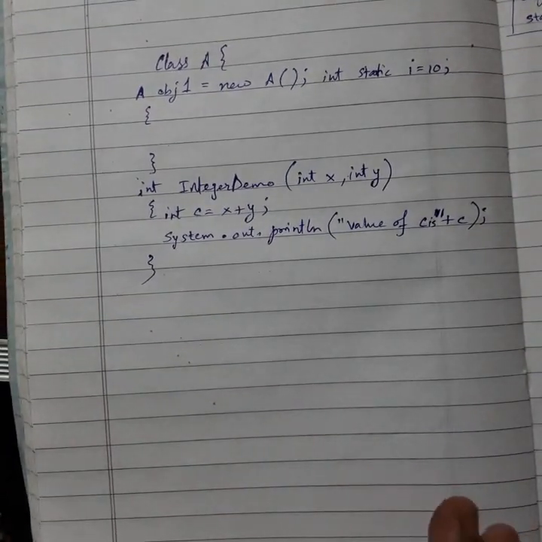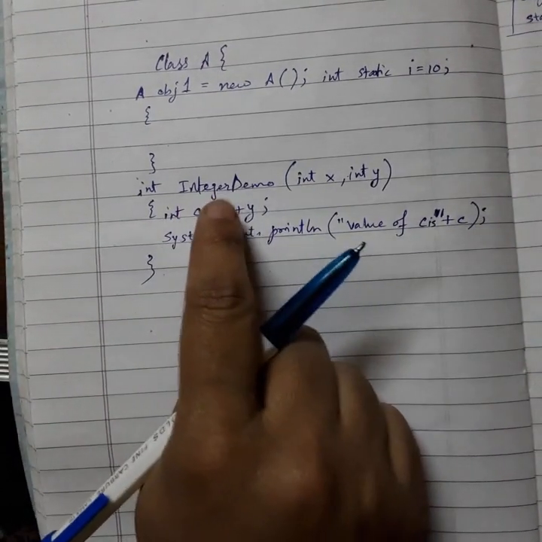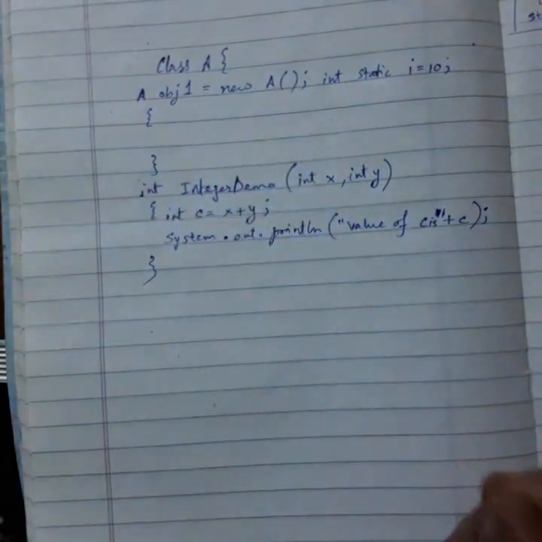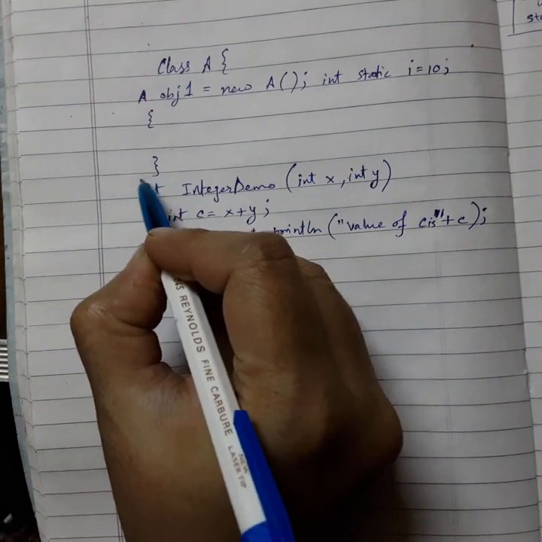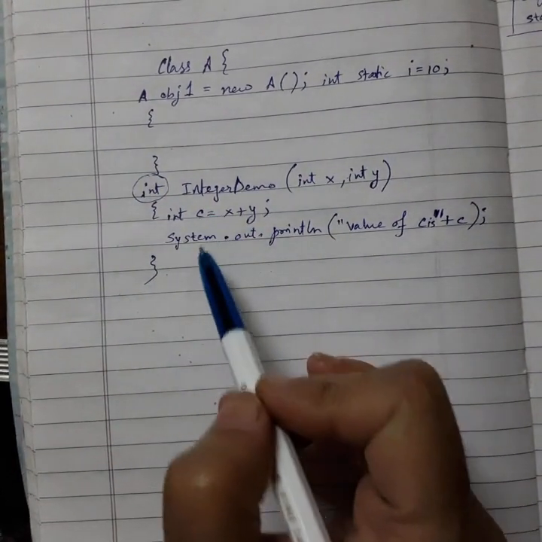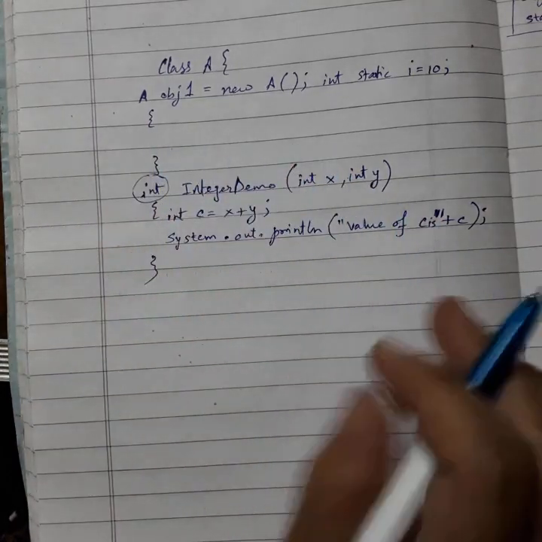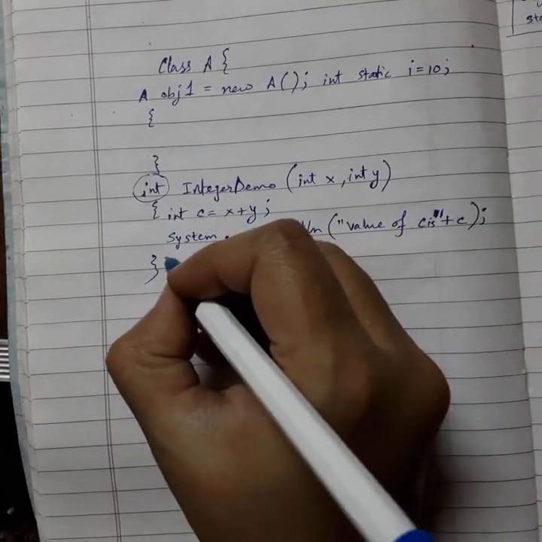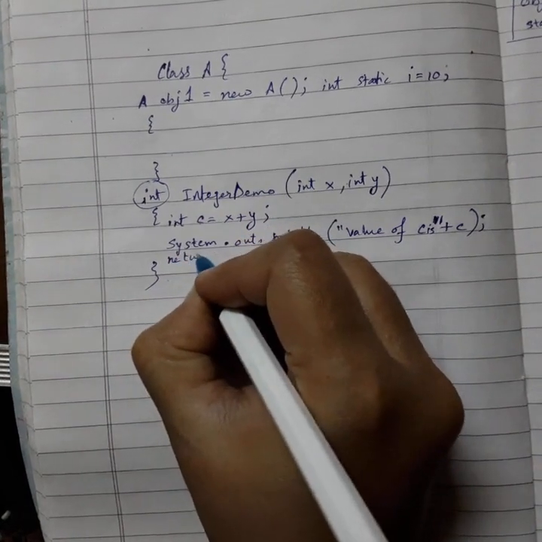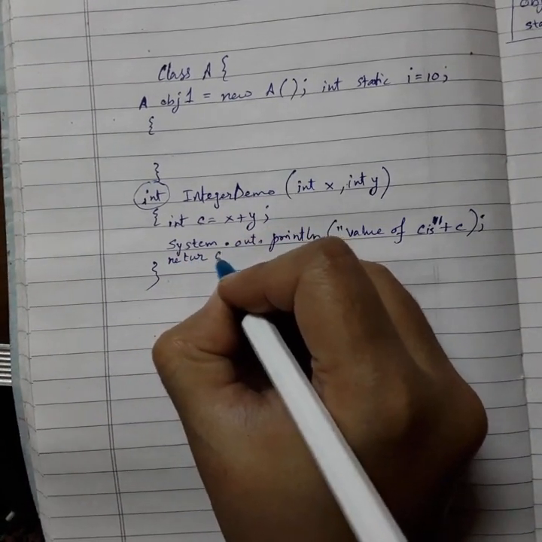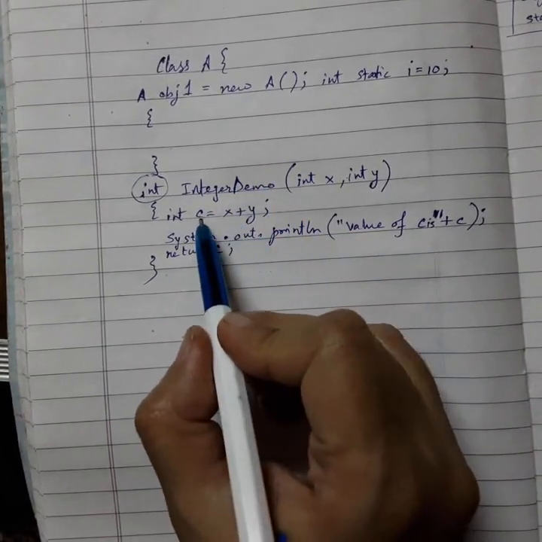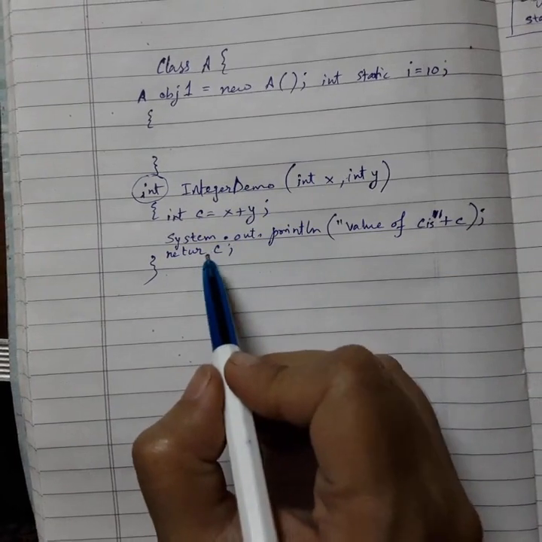Alright, we need to call this method. This is our own method of return type int. Means this method is returning an integer. So we need to write return c. C is an integer. C is the sum of x plus y, which we are returning.